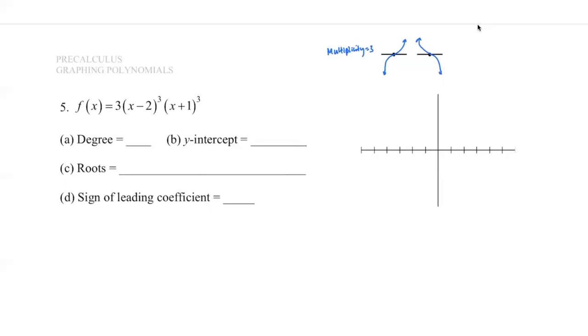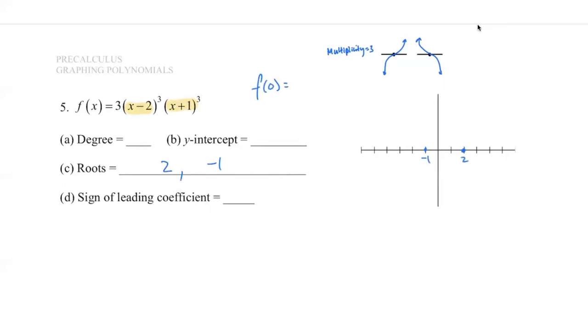So I'm going to show you how to finish this graph. We look at the factors. So look at the first factor. We know that the root should be 2 right there. It's a triple root, or multiplicity of 3. The second factor tells us that we have another root at -1, also a triple root, or a multiplicity of 3 again.